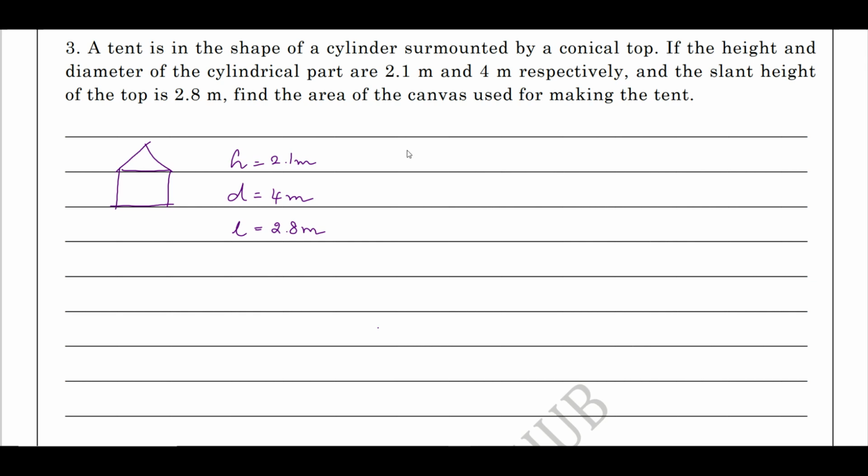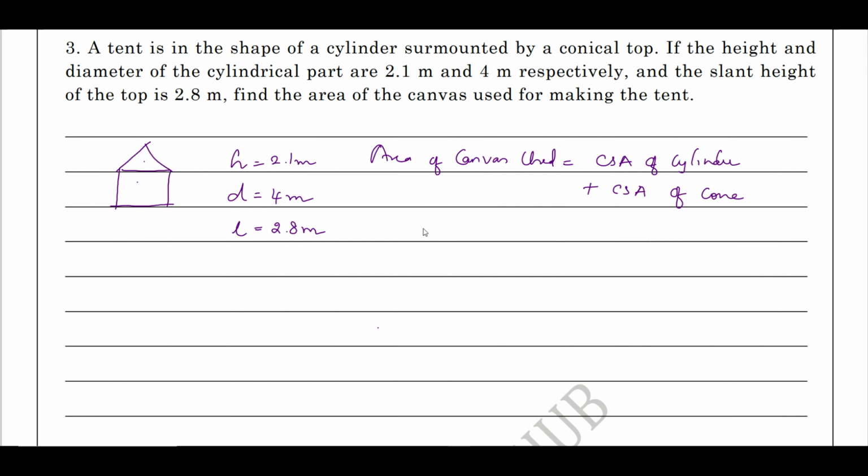Area of canvas used equals, it is a combination of cylinder and cone, it is CSA of cylinder plus CSA of cone.